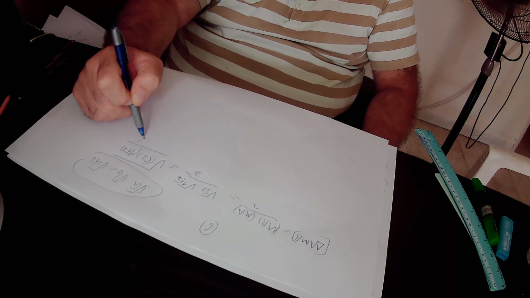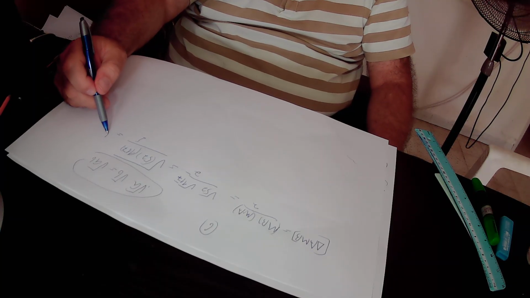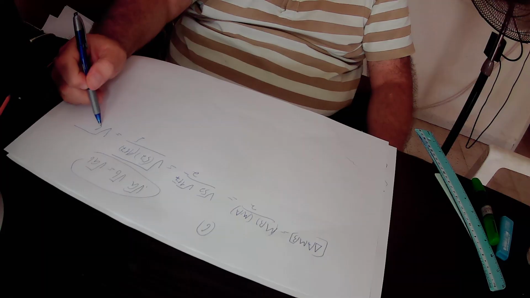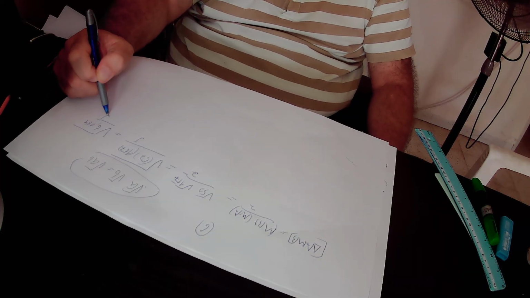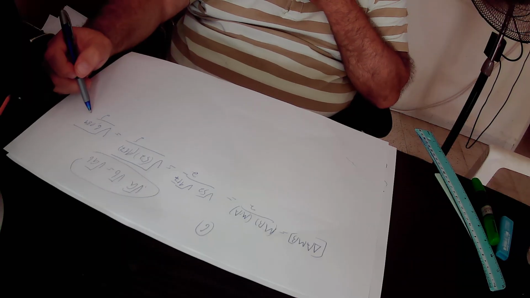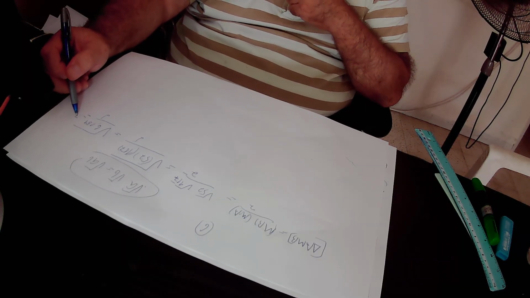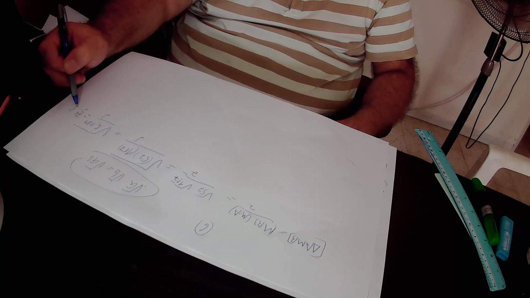Divided by 2. So we have the square root of 52 times 117, that is 6084, divided by 2. The square root of 6084 is 78, divided by 2. 78 over 2 is 39.